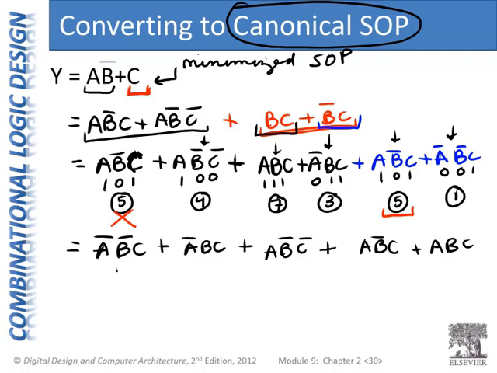I count these. Let's see, we have 1, 2, 3, 4, 5 minterms. We'll not count that first one because I X'd it out as a duplicate, 1, 2, 3, 4, and 5. So kind of redundancy check, make sure we have the right number.